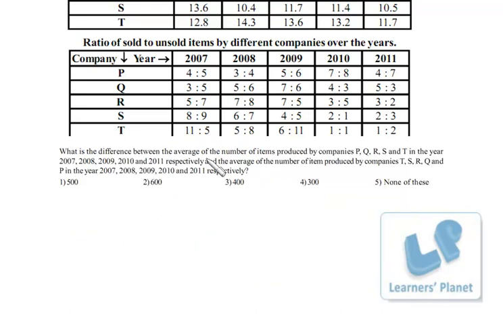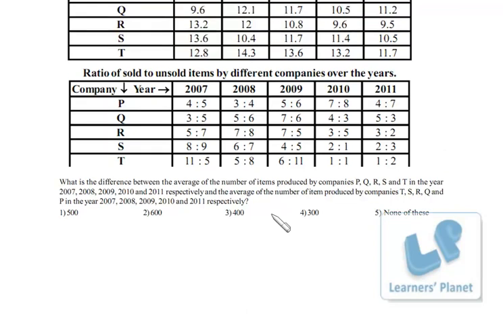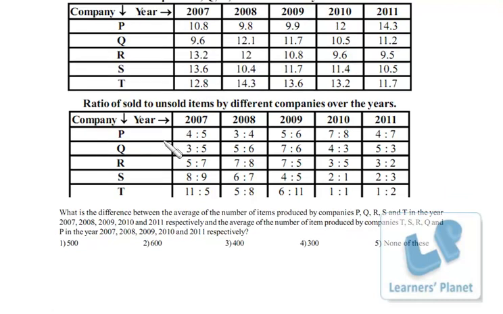Now, what is the difference between the average of the number of items produced by companies P, Q, R, S, T in years 7, 8, 9, 10, 11 respectively, and the average of the number of items produced by companies T, S, R, Q, P in the same years? We just have to note down the data carefully. Average we will find out afterwards. First of all, we write down the numbers.